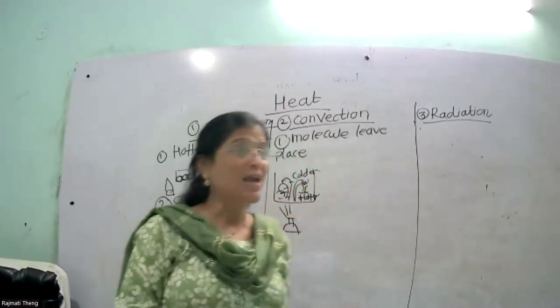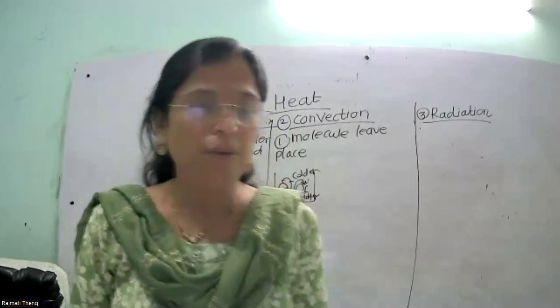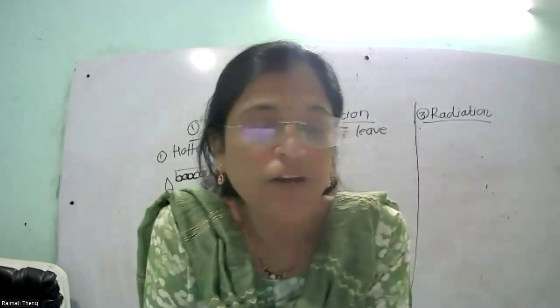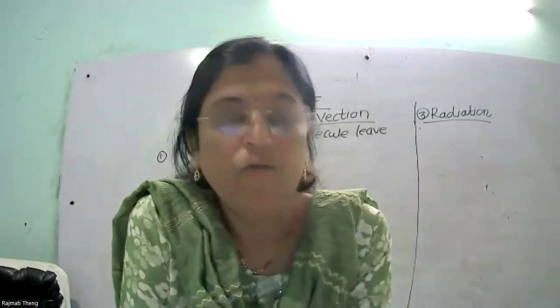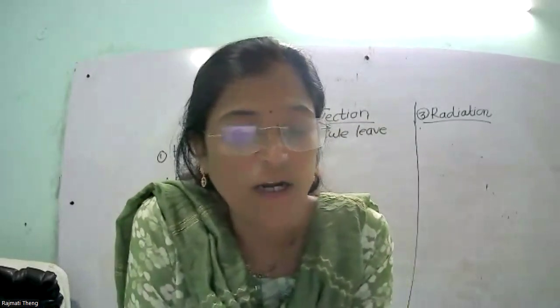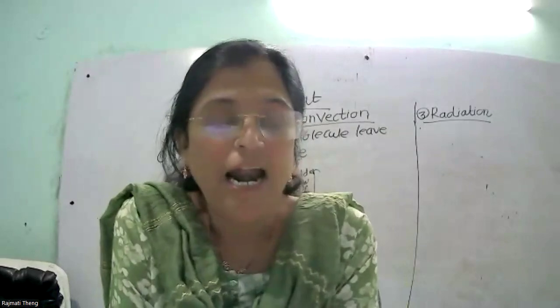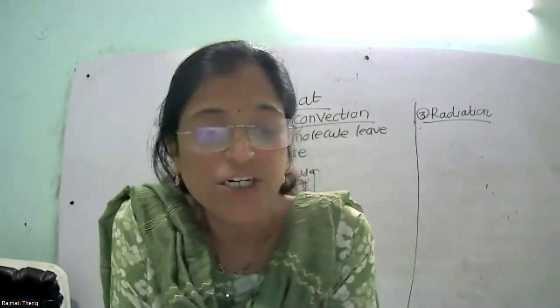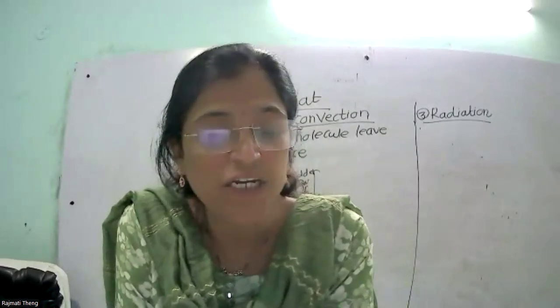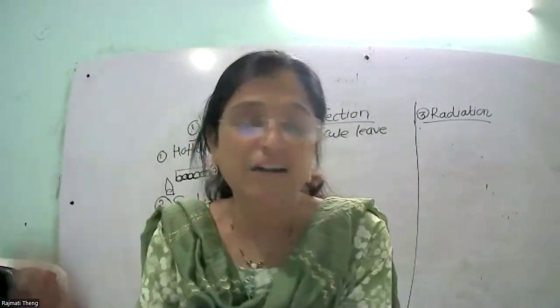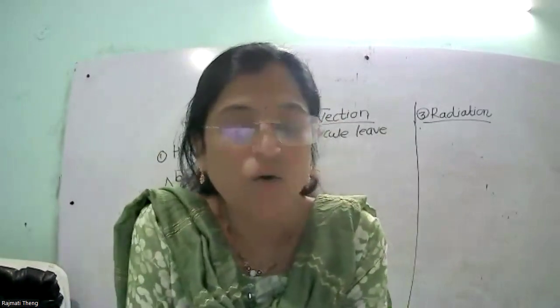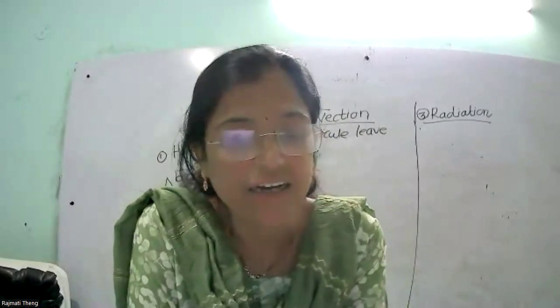So molecule actually leave their place. So when water is heated, the water near the flame is hot and which rises up, and the cold water goes down toward the source of heat, and the process is continue until the whole water get heat up.